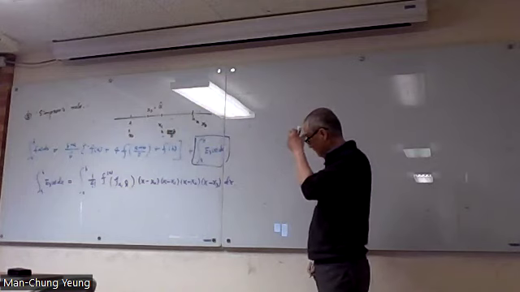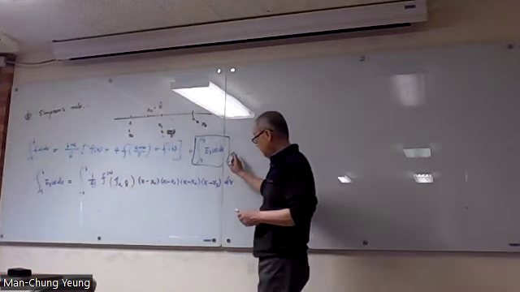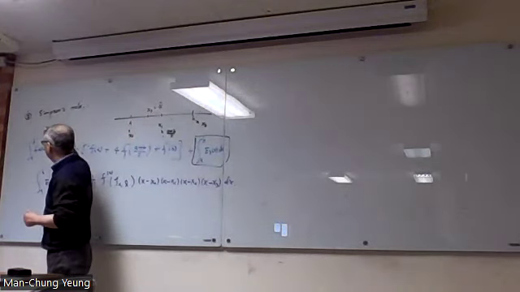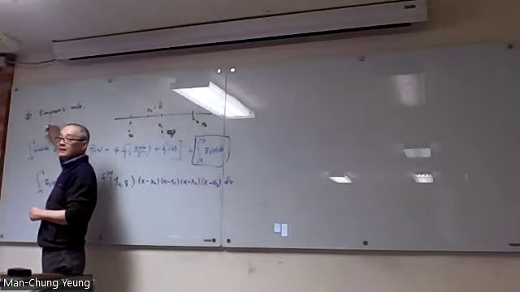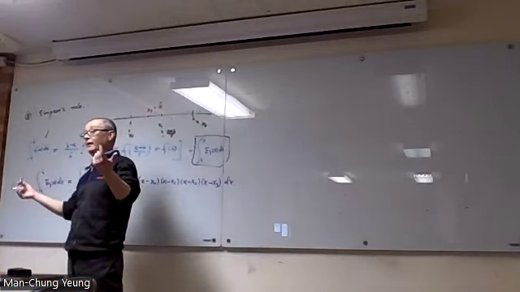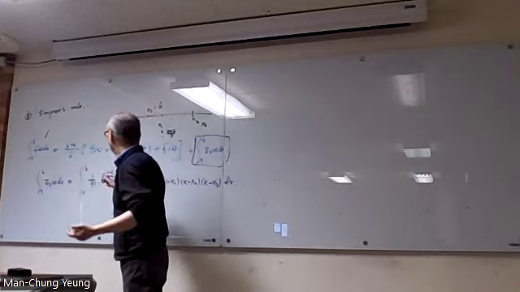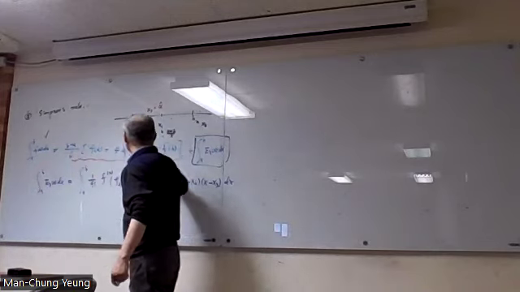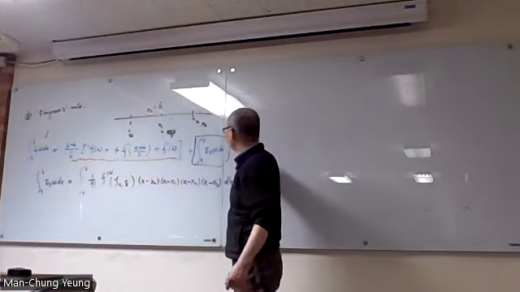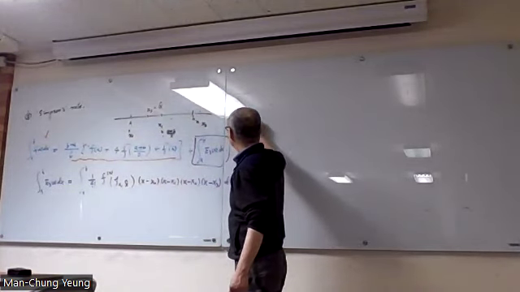In this equation, the left-hand side is a number, the integral of a function, a constant. Also this part is a constant, so this guy should be constant.